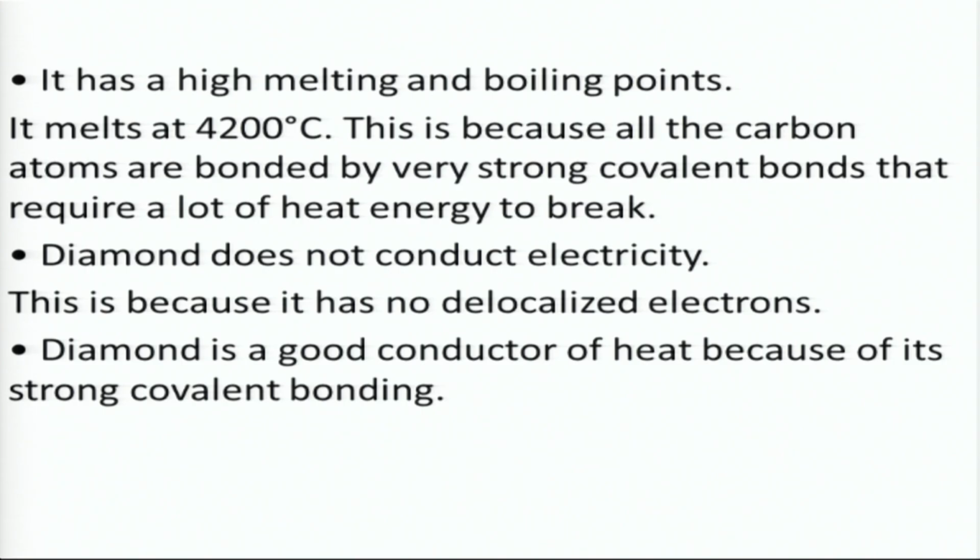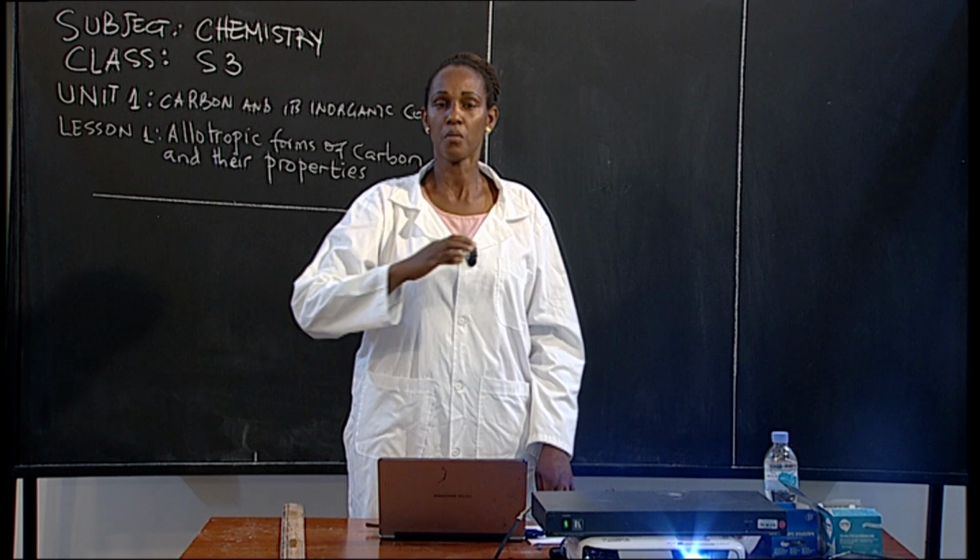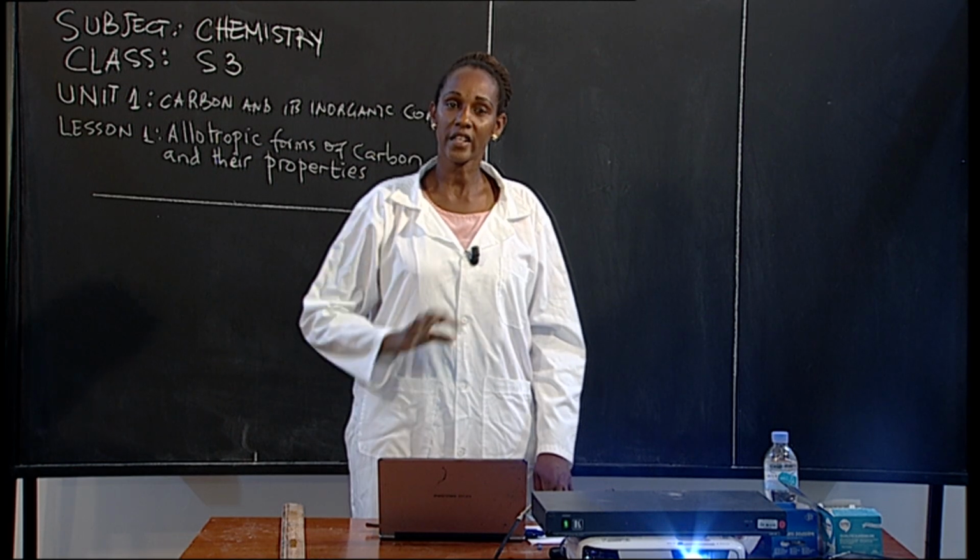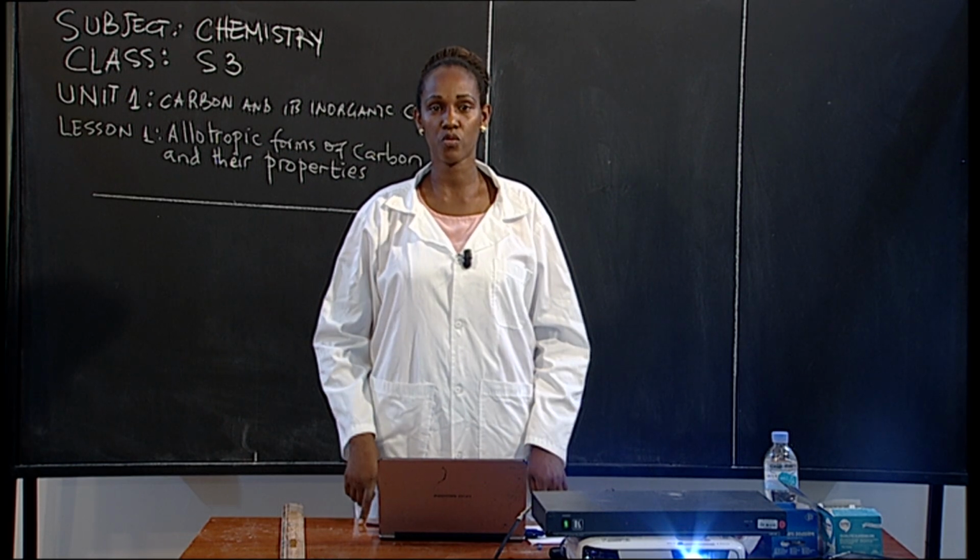And remember, in the conduction of electricity, we need to have free or delocalized electrons. These are very important things you need to know on diamond. In electricity conduction, there should be free electrons, moving electrons, delocalized electrons. Those are the terms we use, all right?